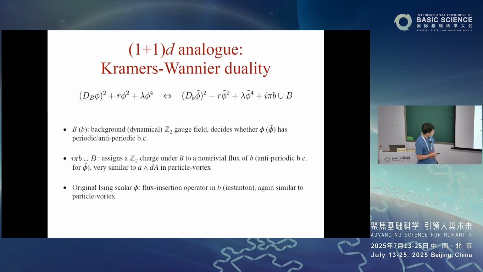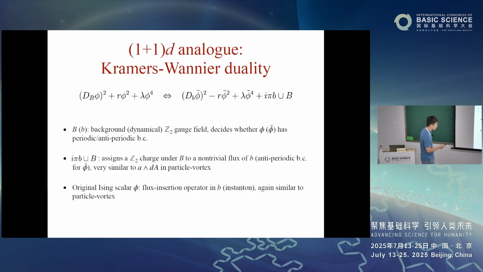So this is very similar to how this little a, capital A works in the particle vortex duality. I'm assigning global symmetry charge to some gauge flux. And again, the original Ising scalar phi in the dual picture is just a flux insertion operator or an instanton, if you like.